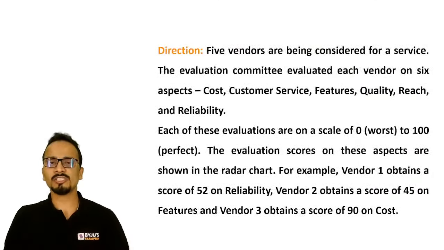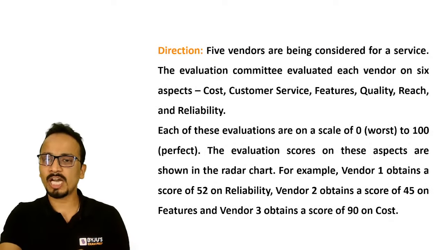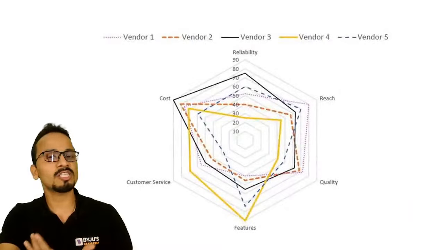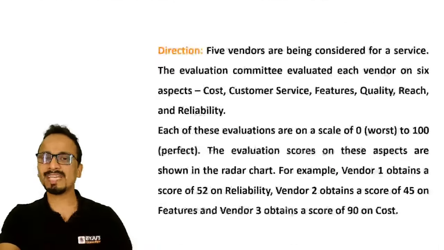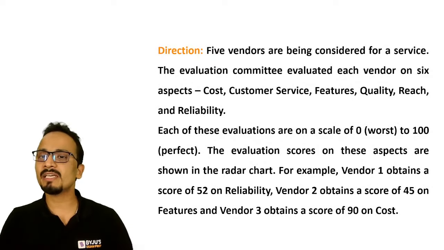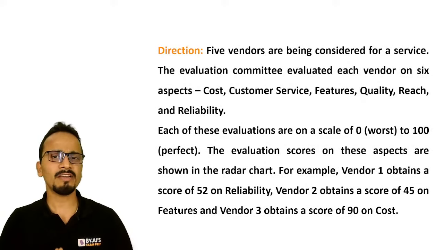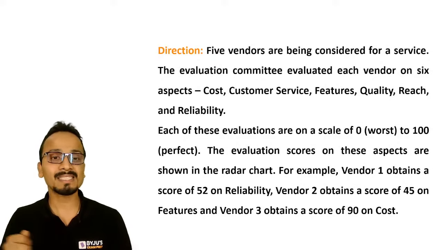Now these are the directions. I'll quickly give you a glimpse of the chart. So this is a hexagonal chart or a spider chart. Okay, so let's read the directions first of all. It says that 5 vendors are being considered for a service. The evaluation committee evaluated each vendor on 6 aspects.